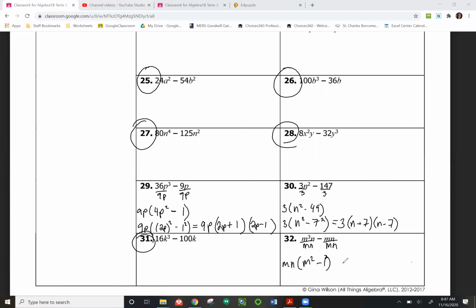So I'll have the mn out front and then factor it into two terms, a plus and a minus. So the first term is m plus 1 and then m minus 1. Okay, so if you guys have any questions on this technique, just come see me on Zoom.